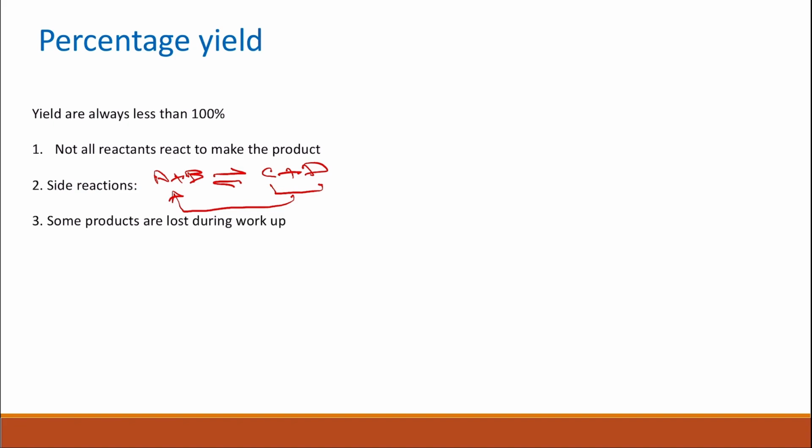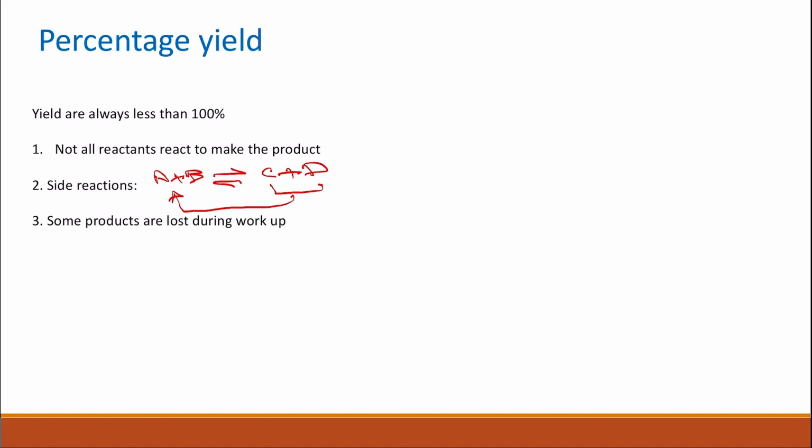During the workup, for example during filtration, maybe some of the liquid and some solids might be left in the reaction vessel when you try to filter. In addition, you might also lose some of the solids when you try to transfer them from the filter paper. Also, when you transfer the reaction mixture from one vessel to another, maybe some of that solution will be lost.